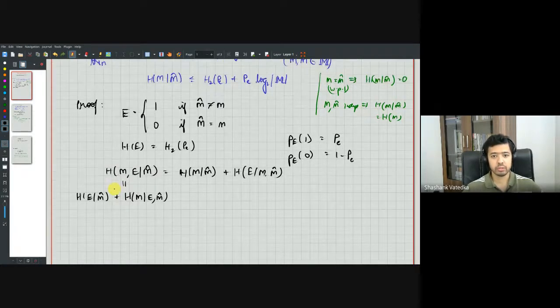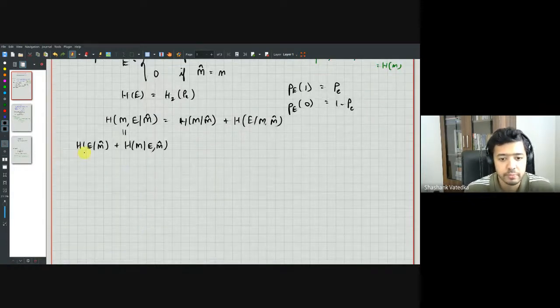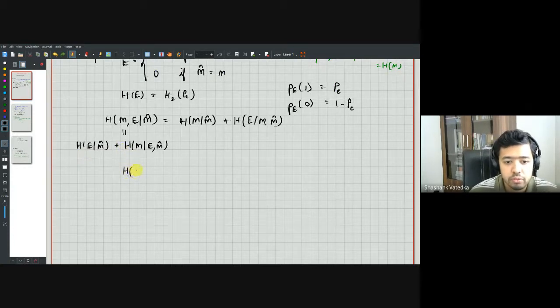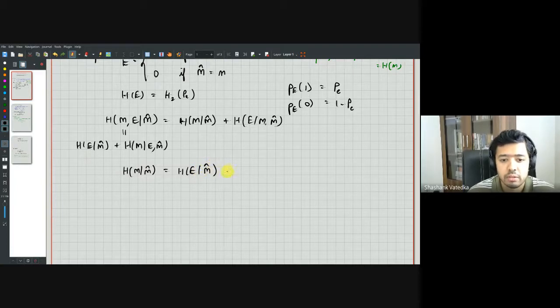We want an upper bound on h of M given M hat. So from this, h of M given M hat is equal to h of E given M hat plus h of M given E and M hat minus h of E given M hat.